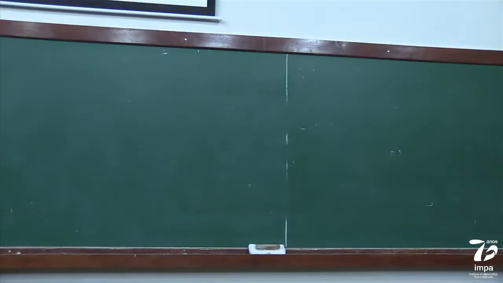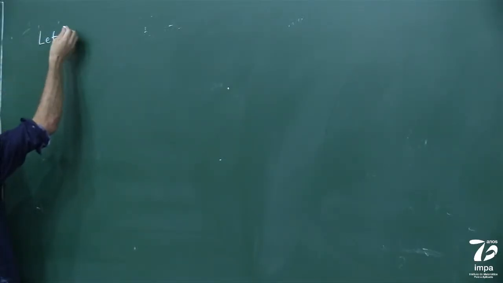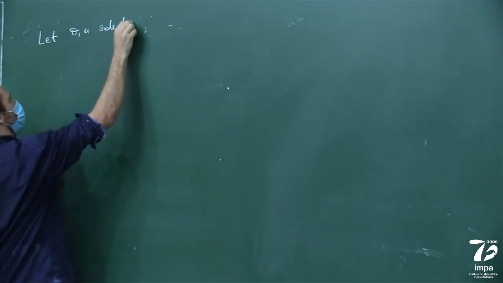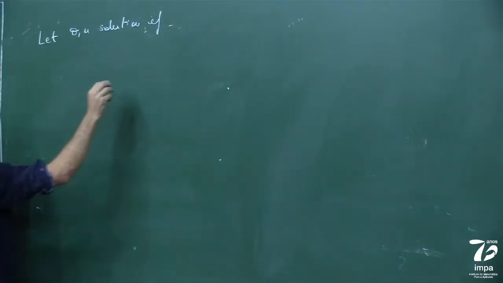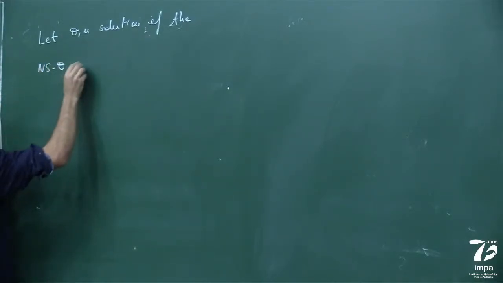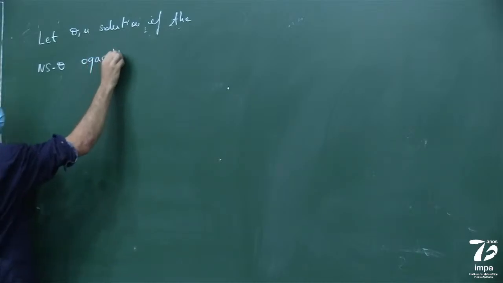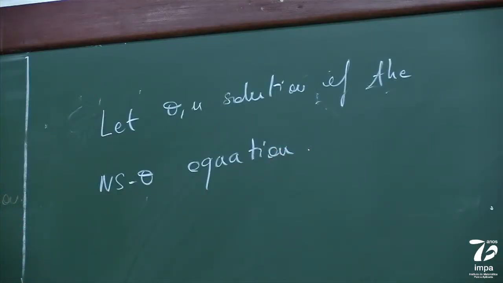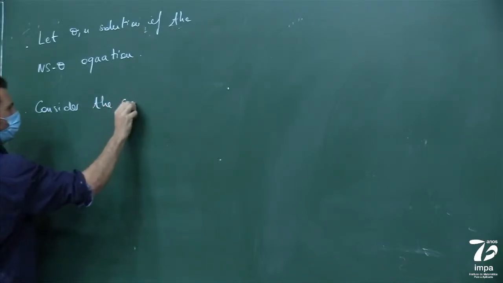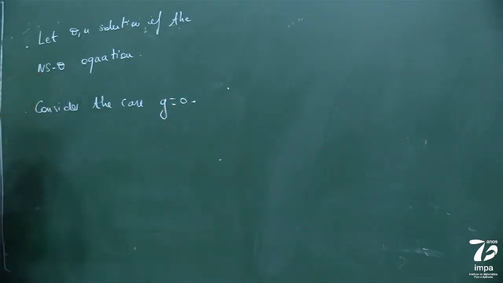Let theta u be a solution of the NS theta equation. Consider the case G equals 0 for now. Very simple, so no forcing on the scalar source.